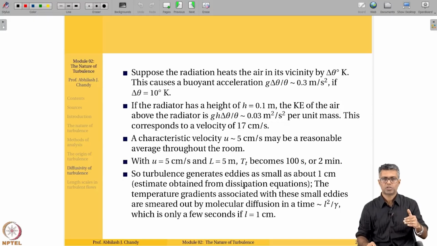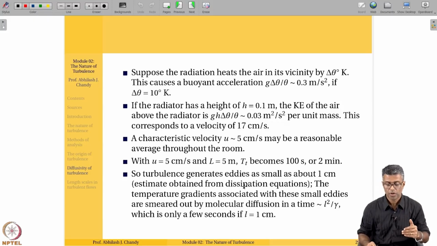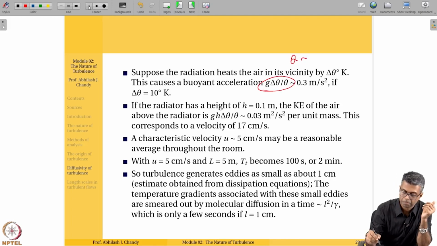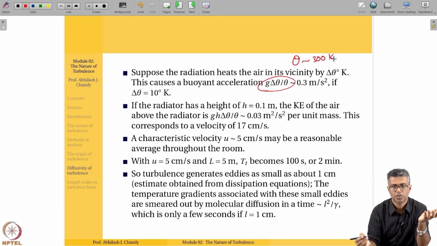This will cause a density difference, and consequently a buoyant acceleration of g delta theta over theta. Theta is approximately 300 Kelvin, standard temperature.